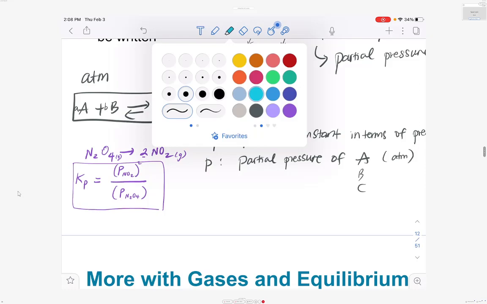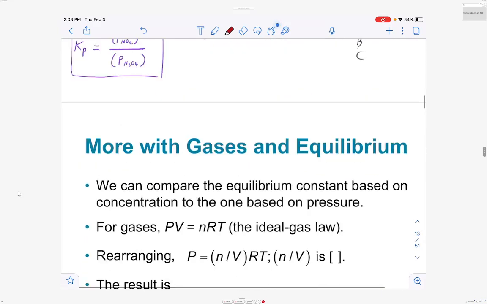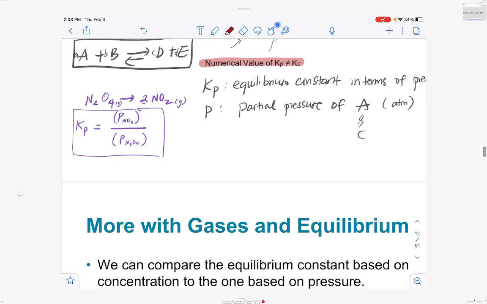One thing you have to note is that the numerical value of Kp is going to be different from Kc. Professor Lee, do Kp and Kc have any units that we need to know? Okay, that's a good question. Technically, they will have units. However, by definition, the equilibrium constants are considered constants, so they will be reported without units.